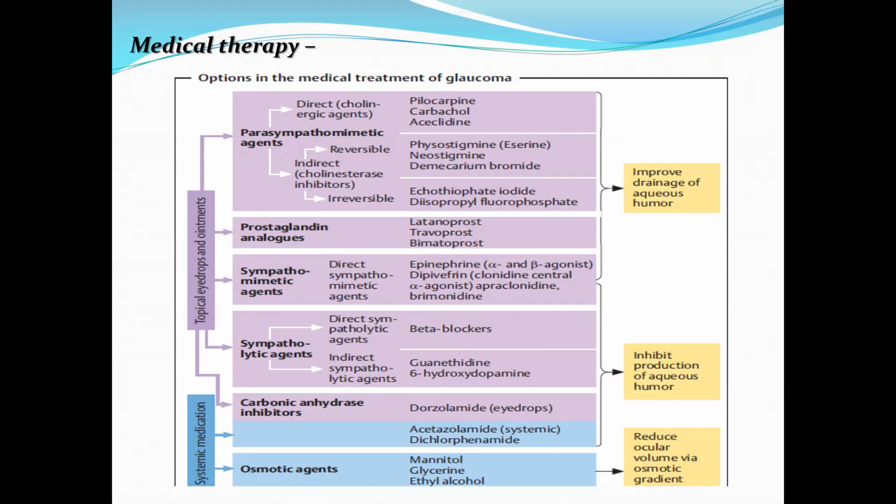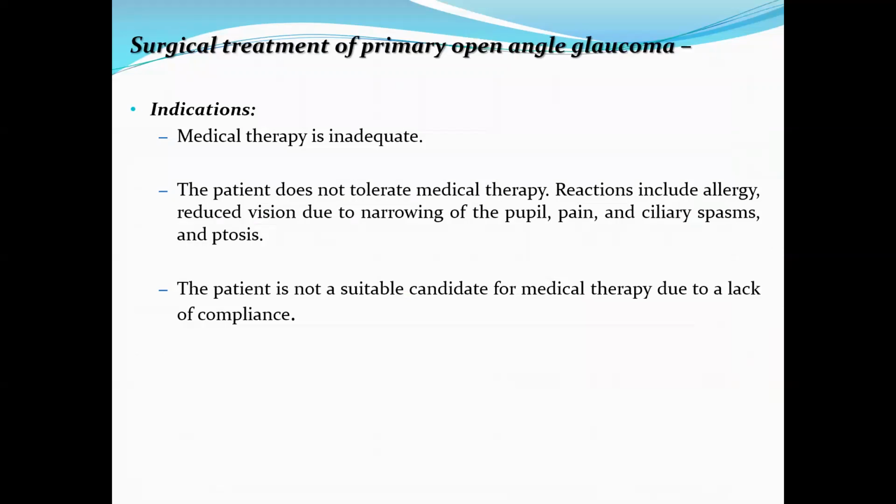First, it's maybe parasympathetic agents, maybe cholinergic agents: pilocarpine, indirect cholinesterase inhibitors, and prostaglandin analogs, sympathomimetic agents, sympatholytic agents, and carbonic anhydrase inhibitors. And surgical treatment of primary open-angle glaucoma includes indication for surgical treatment.